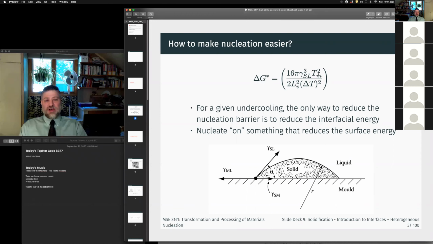We can't change the melting temperature of our material. We can't change the latent heat of fusion. We're at a particular undercooling. So the only thing that we can affect in our system is to reduce the interfacial energy, right?